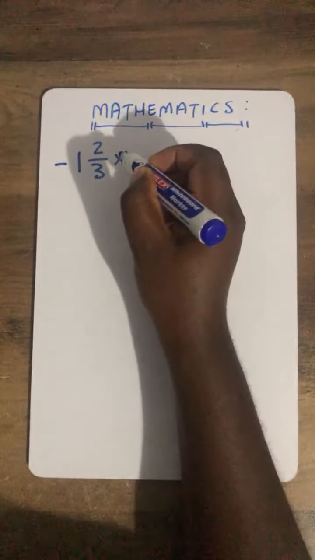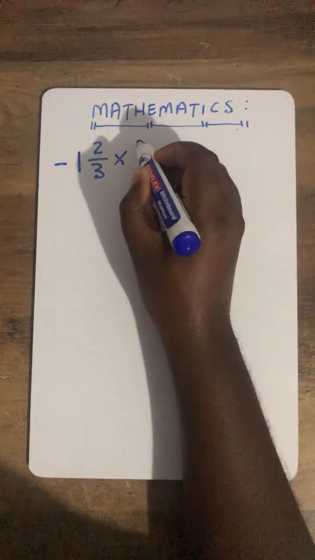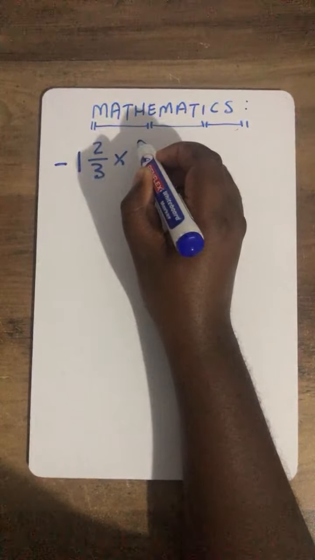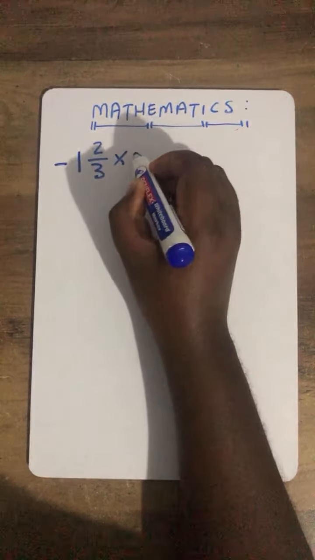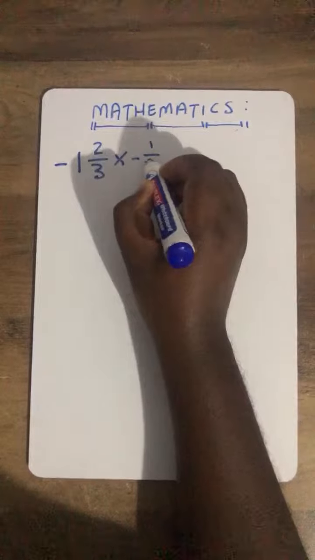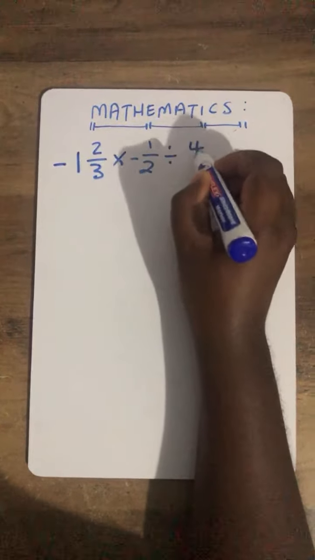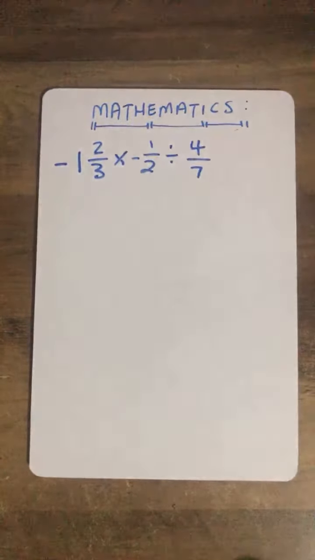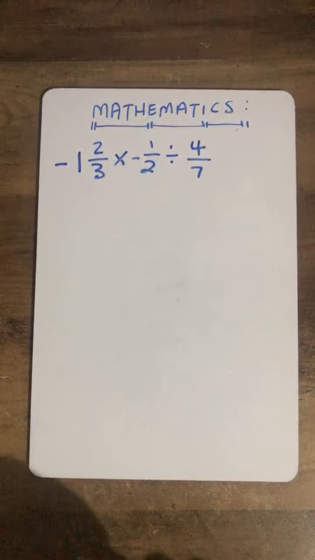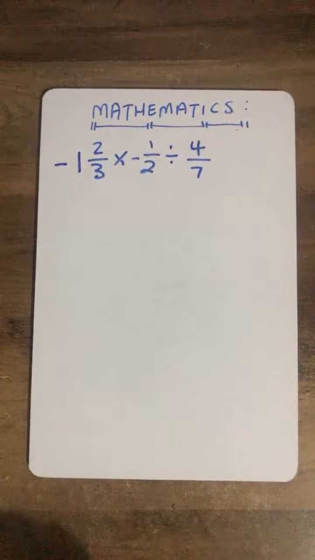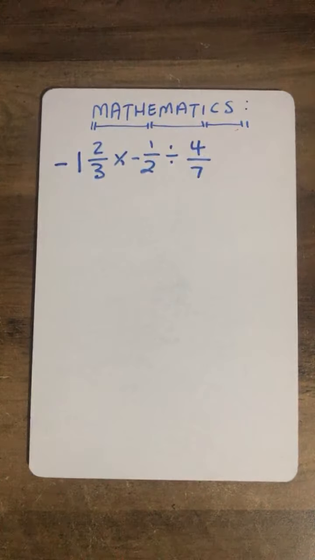This is multiplying -1 over 2, divided by 4 over 7. Today it's all about numbers, honorable members. At some point we are going to go deeper, and I'm hoping that you will remain until we get to that point. It's going to be very interesting, honorable members.